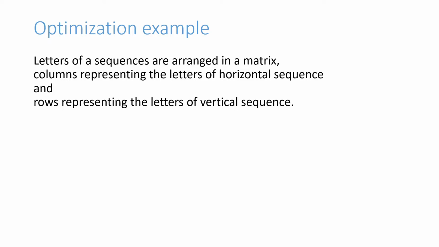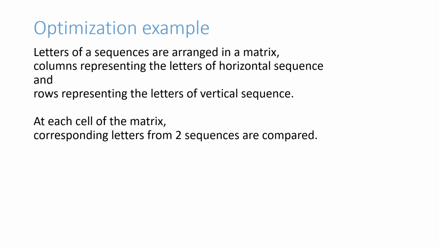Columns represent the letters of the first sequence and the rows represent the letters of the second sequence. One sequence is arranged horizontally, the other vertically, and after representing the sequences in rows and columns, in each cell of the matrix the individual letters are compared.